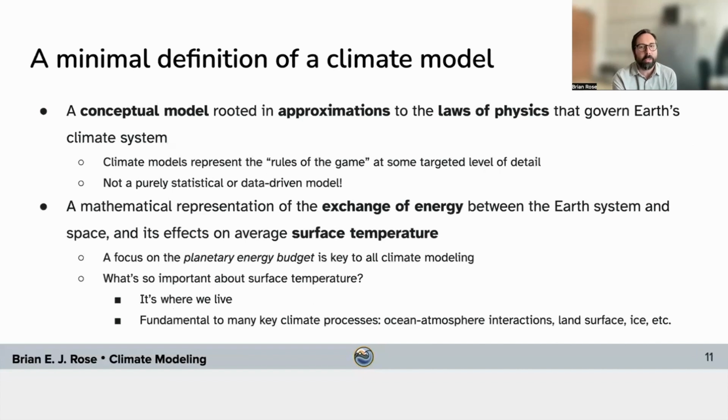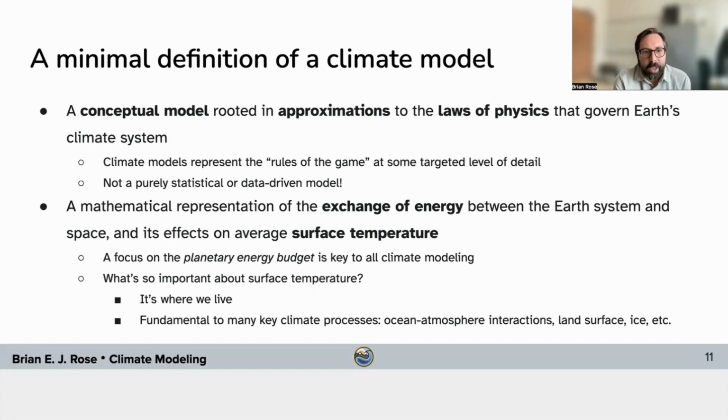This is different from the idea of a statistical model. A statistical model is taking data and fitting it to a theoretical probability distribution. That's not what we mean by climate modeling. We mean encoding some aspect of the laws of physics into equations and computer code.